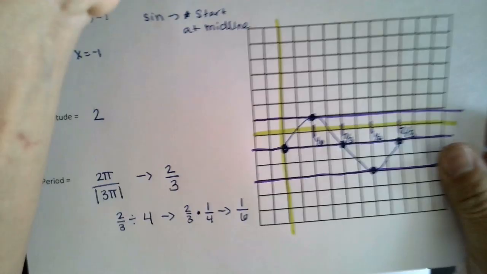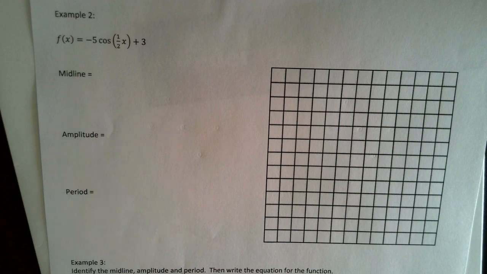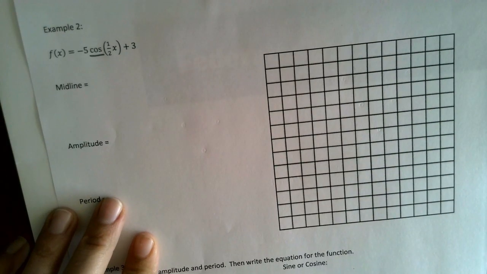Let's try another one. I'm going to try a cosine. And one thing I want you to recognize right here is that yes, it is cosine, but there is a negative out front. What does a negative tell us to do?